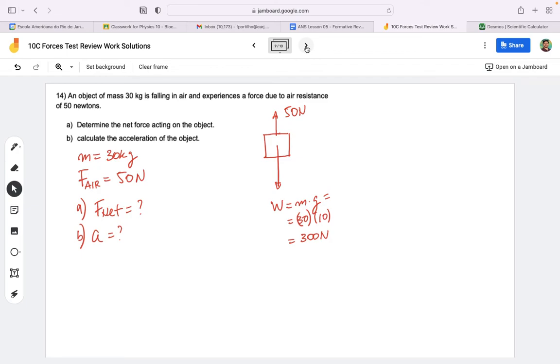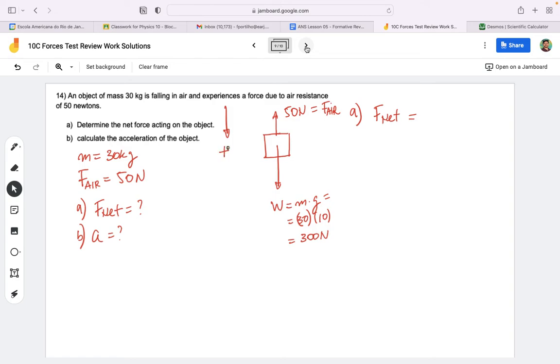And in order to calculate letter A, we do the vector addition between air friction and the weight. Before we go on with the calculation, let's assume that the reference frame is pointing down.